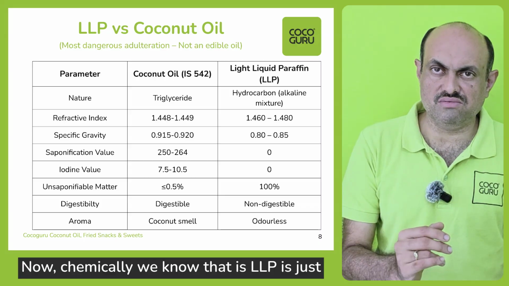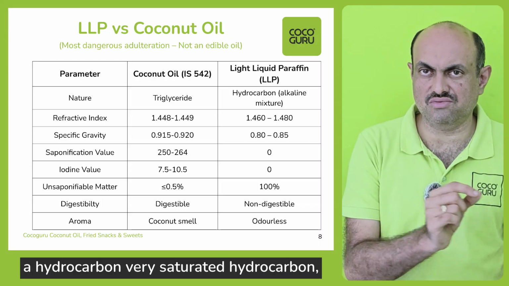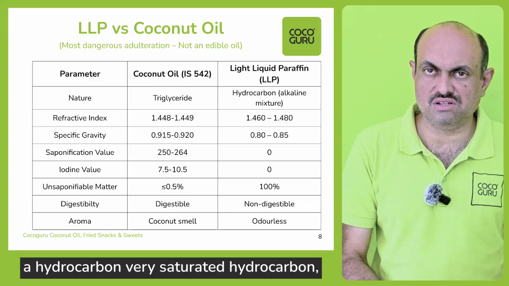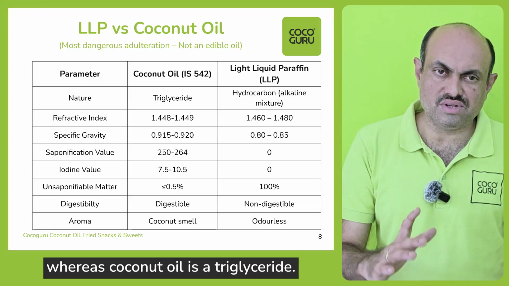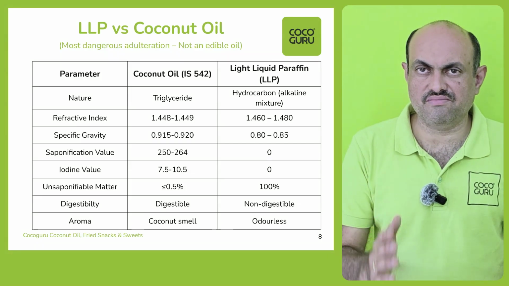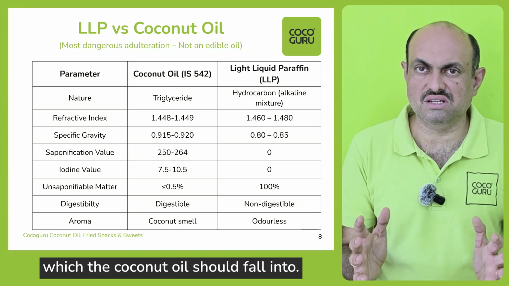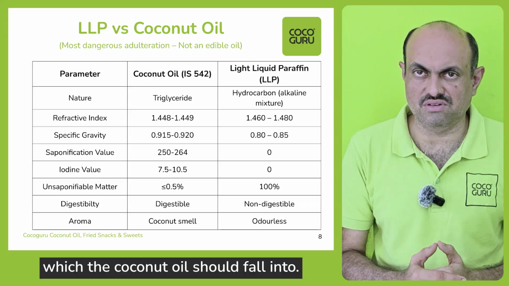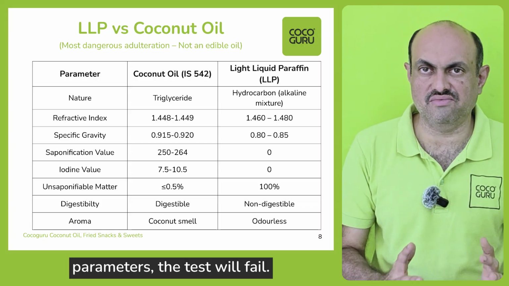Chemically we know LLP is just a very saturated hydrocarbon, whereas coconut oil is a triglyceride. So BIS specifies a lot of chemical parameters, and the range within which coconut oil should fall. If we test on any of these parameters, the test will fail.